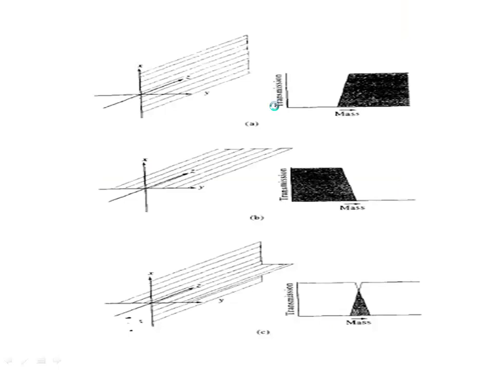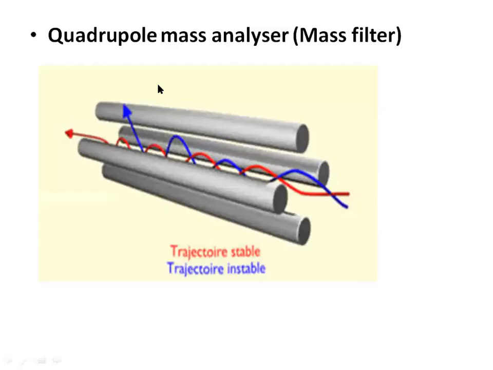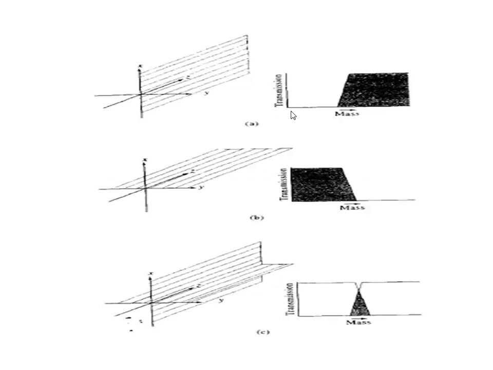as in the first case we have seen, whenever we have a positive pair, only heavy ions are being allowed to pass. When you see the plot here, the lighter ions are not allowed to pass, only heavy ions are being allowed to pass when we have only one pair of rods. With the second pair of rods, we can see that only the lighter ions are allowed to pass.